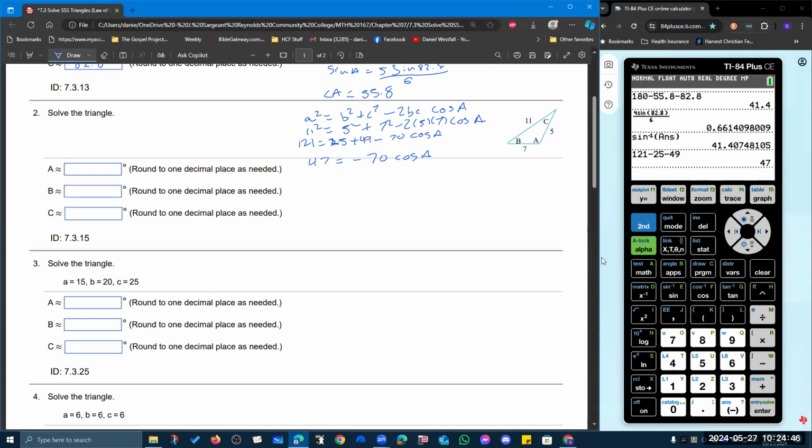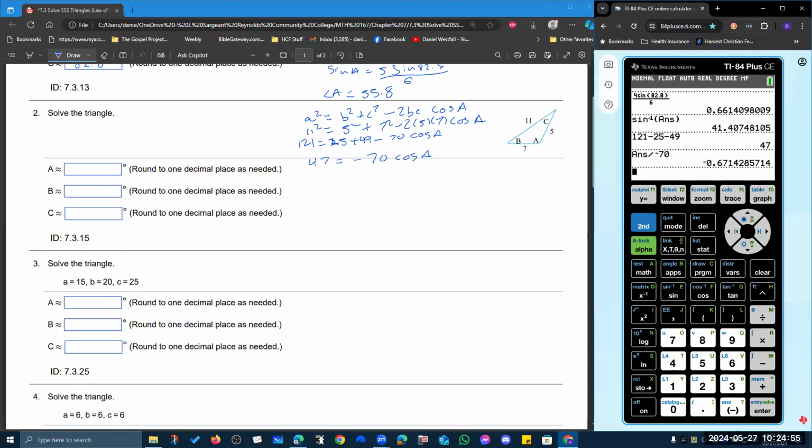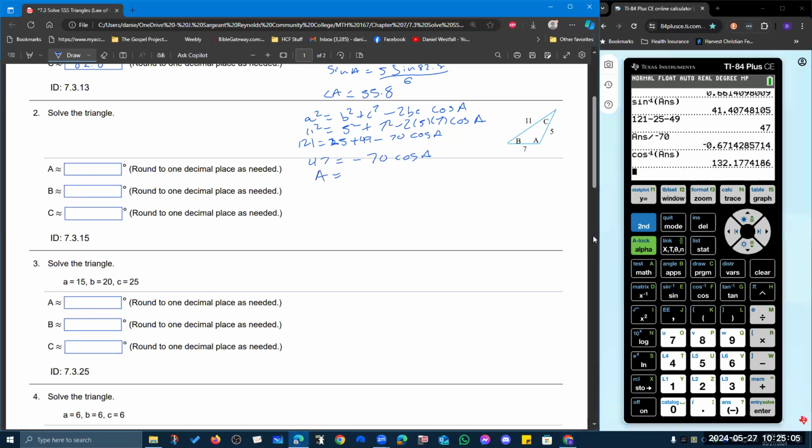And so 47 divided by negative 70, and then second cosine, second answer, we get A equals 132.2. That avoids anything with the ambiguous case now that I have my obtuse angle here.